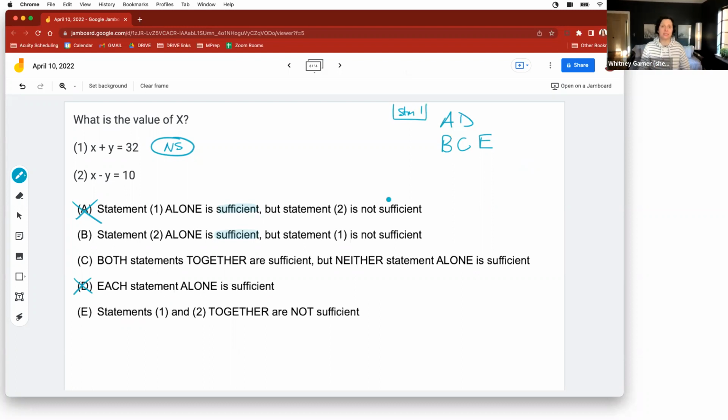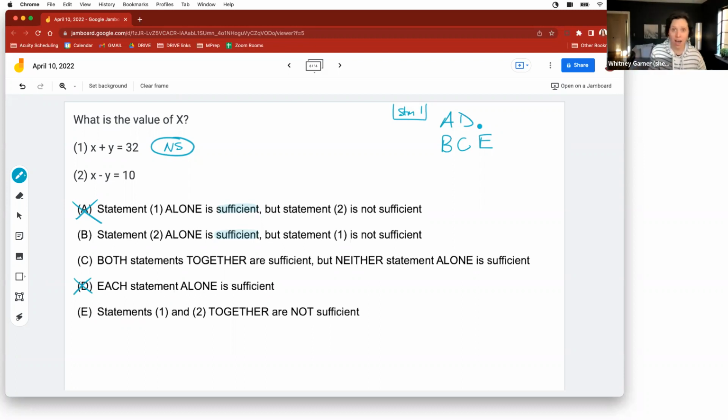Based on me looking at statement one first, I'm going to write this on my paper: AD and then BCE, because AD are the two answer choices where statement one alone is sufficient. BCE are the answer choices where statement one alone is not sufficient.